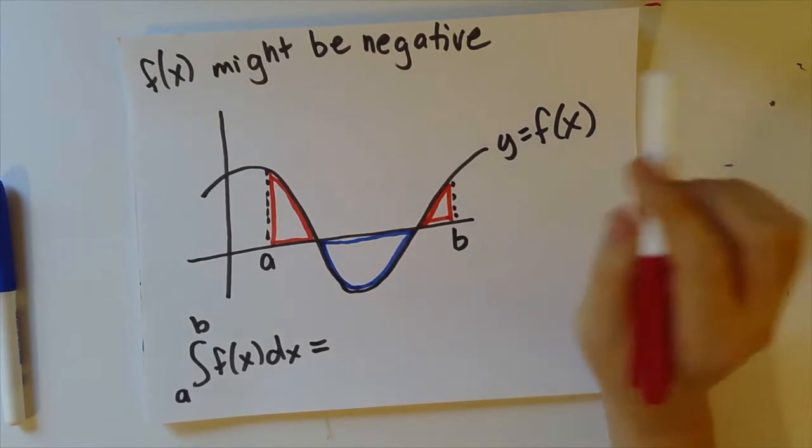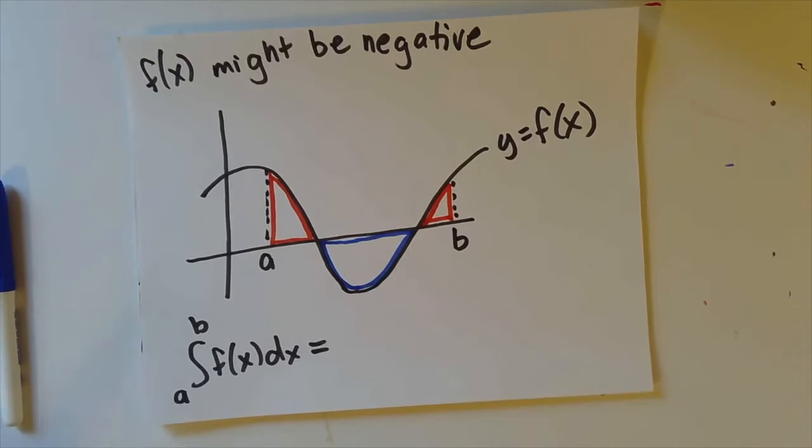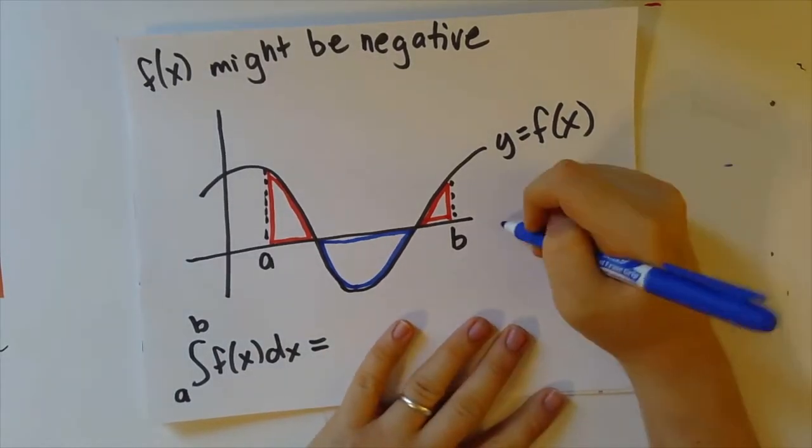But here's the caveat: area below the axis we're going to count as negative.